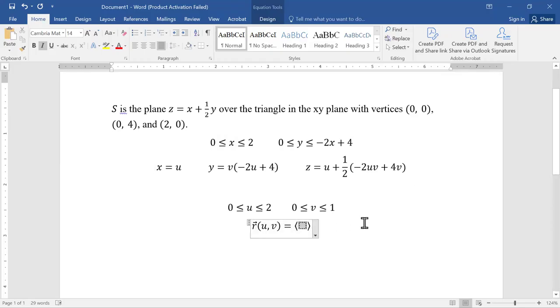So my parameterization is u, comma, negative 2uv plus 4v, comma, u minus uv plus 2v. That's what happens when I multiply all of that in.